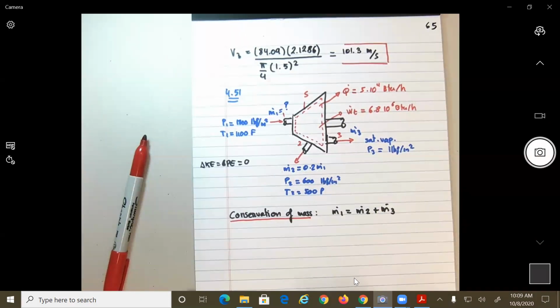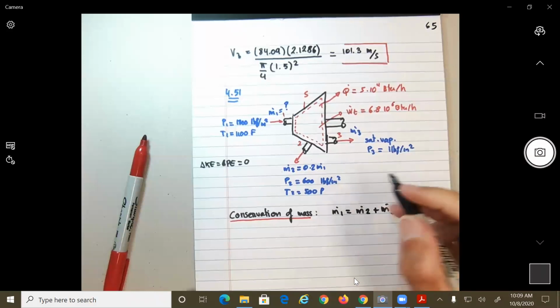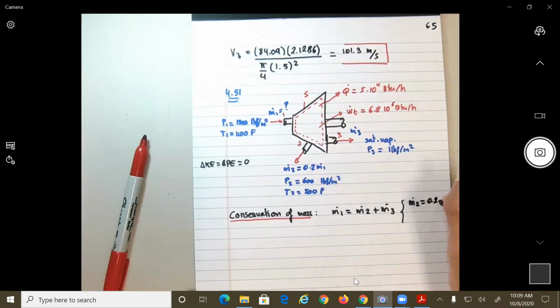Okay, so in this case, what do we know? M2 is given to us as 0.2, so it's 20% of M1. So consequently, what's going to be M3? 0.8, 80% of the mass flow 1, no?